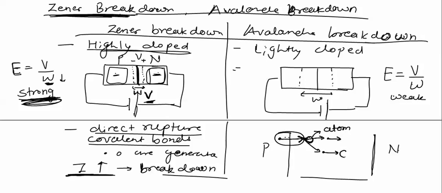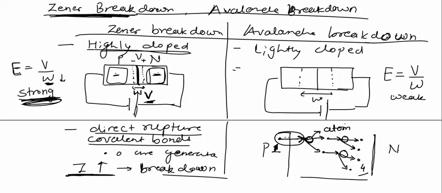And if these two electrons collide with other atoms, then more electrons will be generated. We started with only one electron and now we have four electrons.